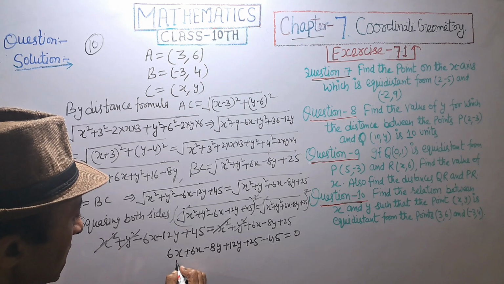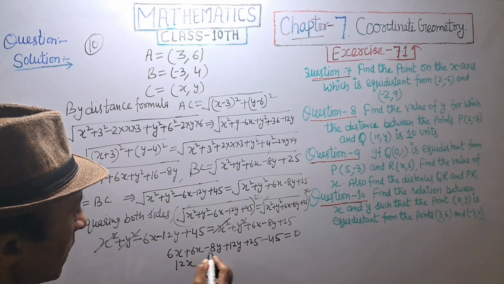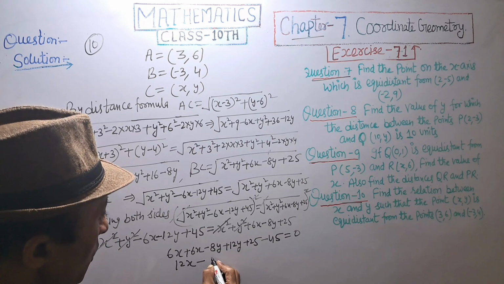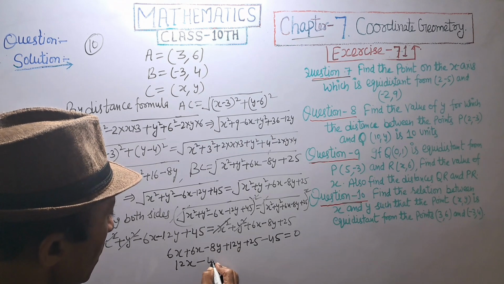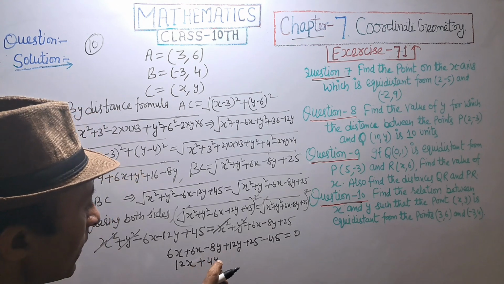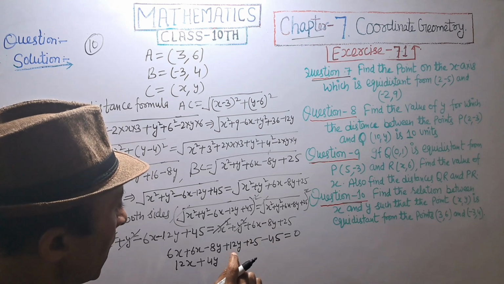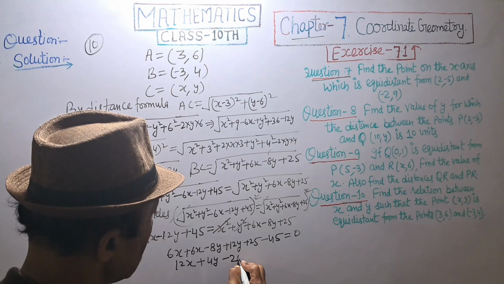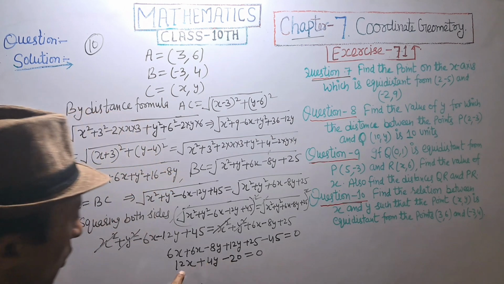6x plus 6x is equal to 12x. 12 minus 8 is equal to 4y, that is positive 4y, and 45 minus 25 is equal to 20, negative 20 equal to 0.